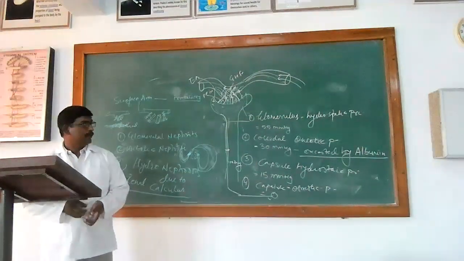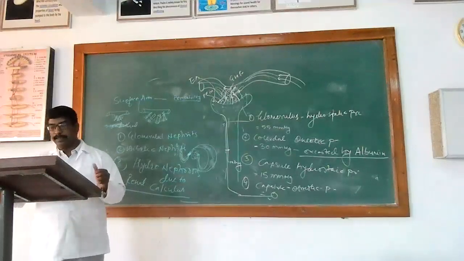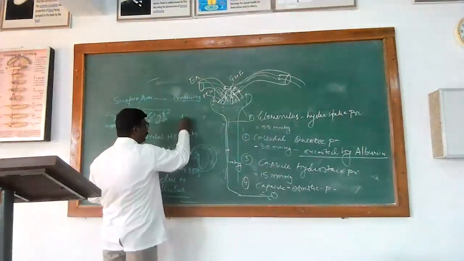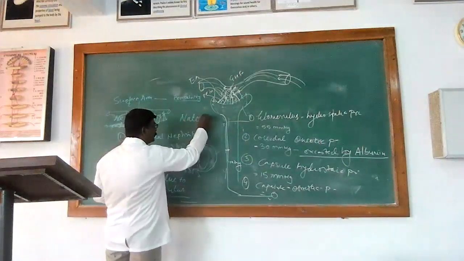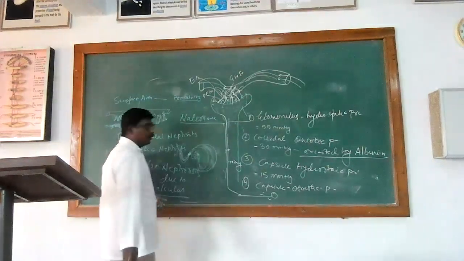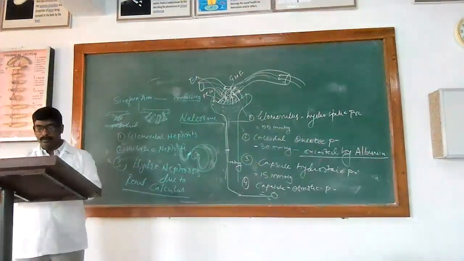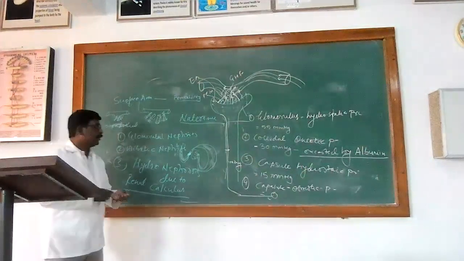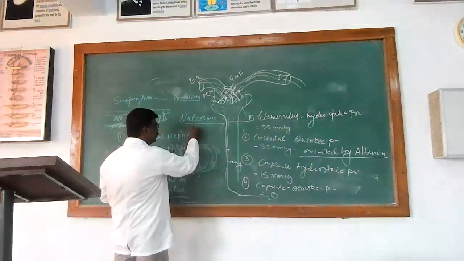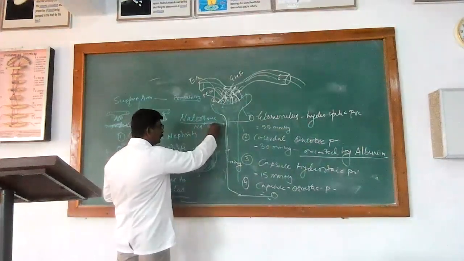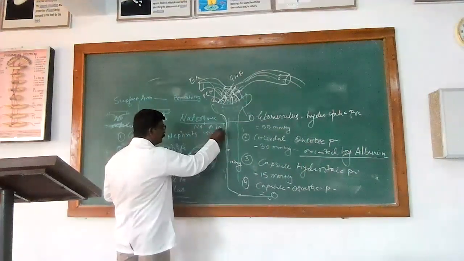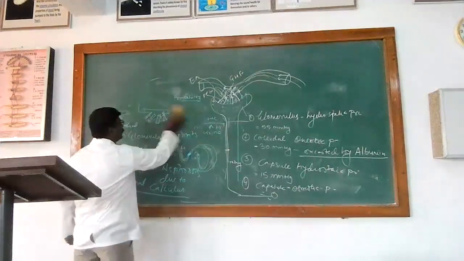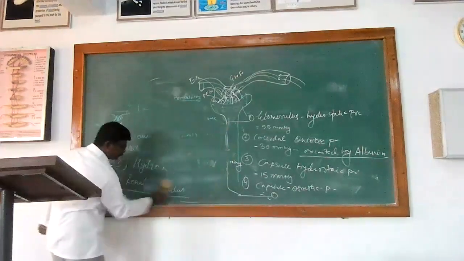So one terminology is known as natriuria, or natriuresis, that is, increased sodium in urine. Right? Or another term that is known as diuretics.